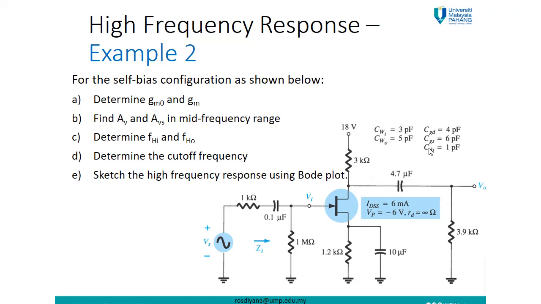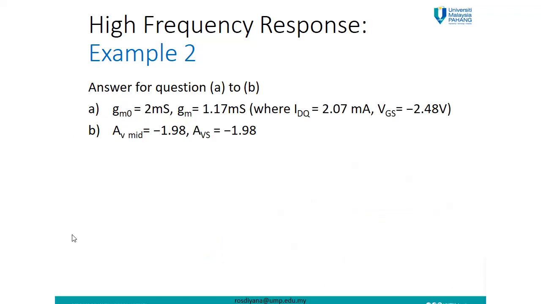Then another piece of information is IDSS is 6 milliampere and VP is negative 6 volt. In this video, I only give you the final answer for questions A and B, because you can solve them using AC and DC analysis.